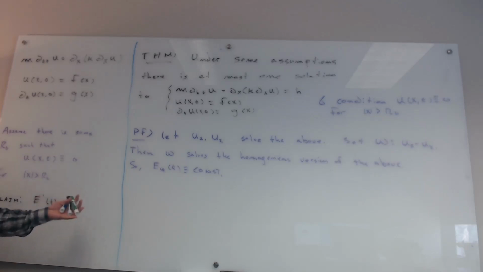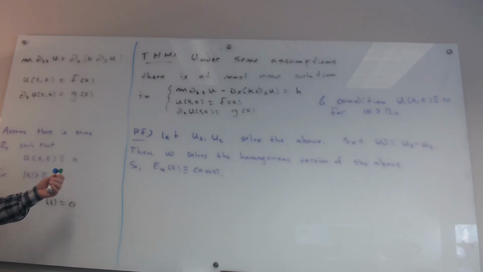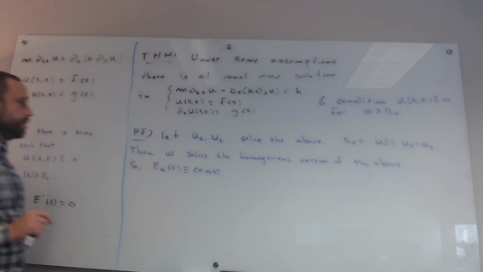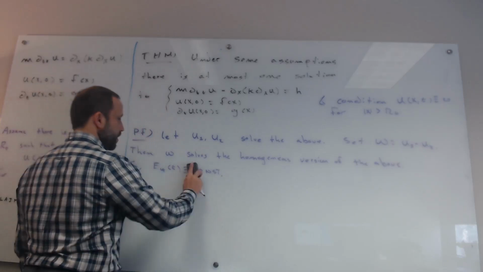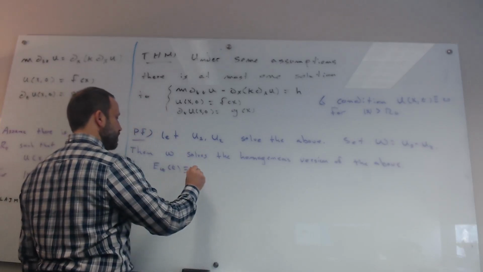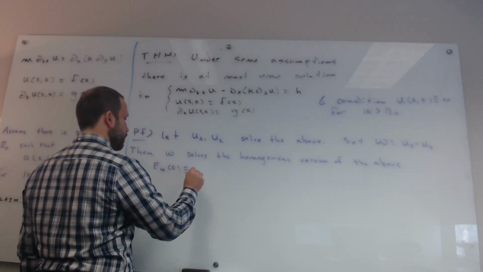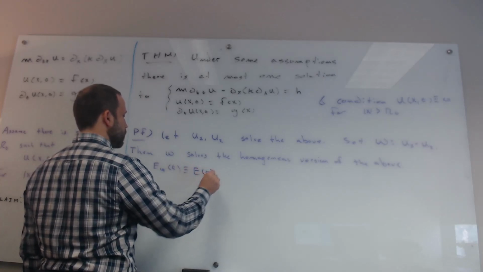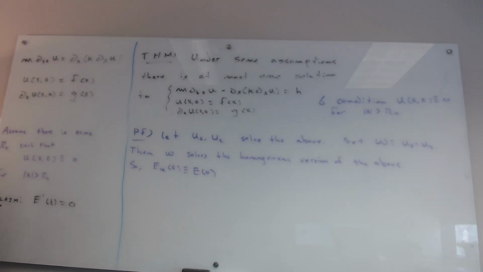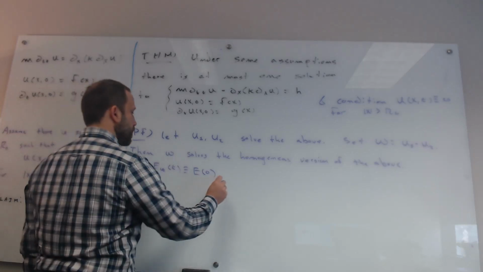That's constant because we just proved that if a function satisfies the homogeneous wave equation, with these other side conditions, then energy is conserved. But actually we can say something a little more. The energy in w at any time, the energy in the string at any time, is equal to E of 0.